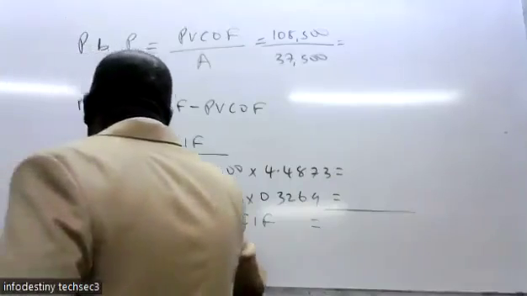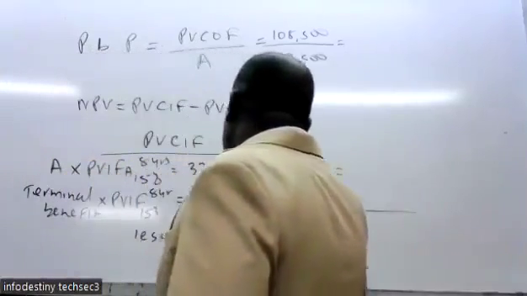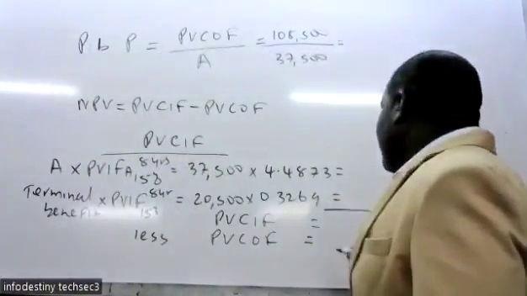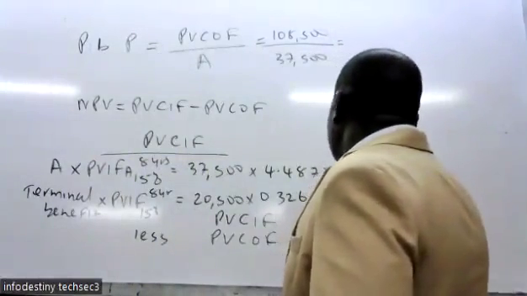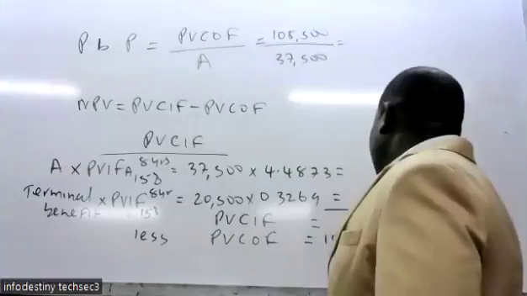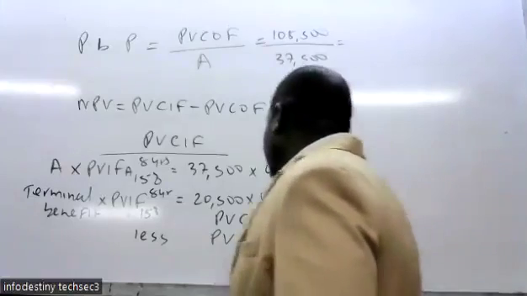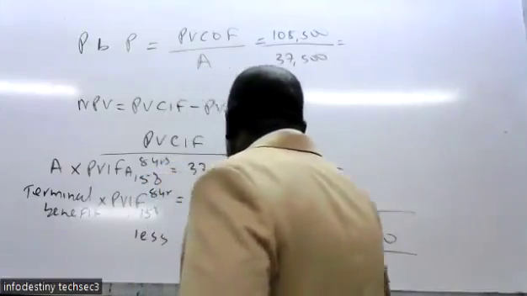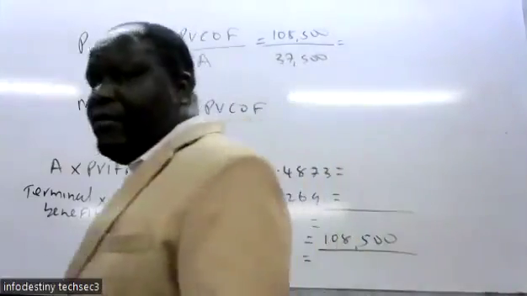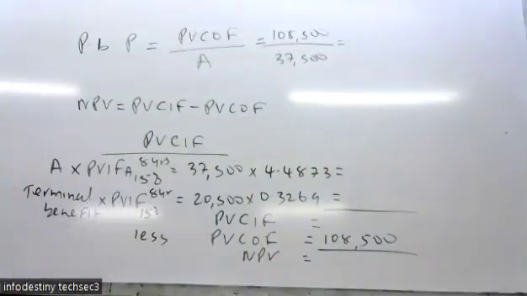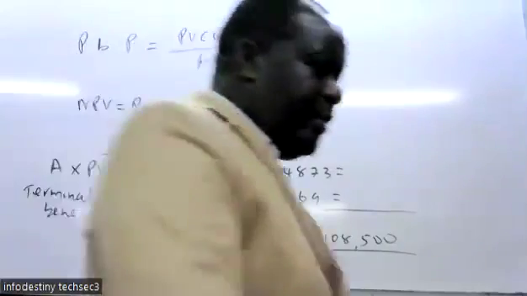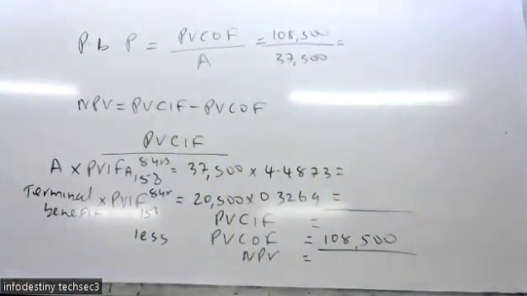Then you less the present value of the cash outflows, which was 108,500, to get the NPV. So that we come up with the NPV.